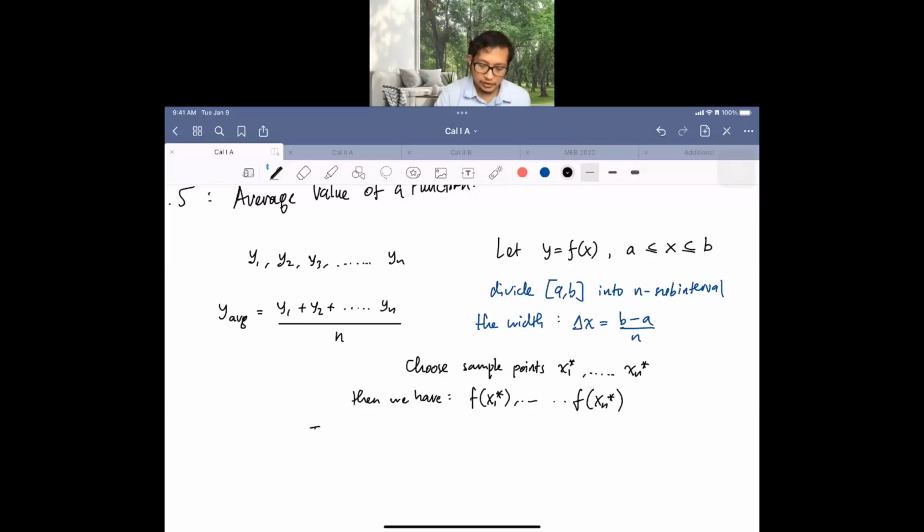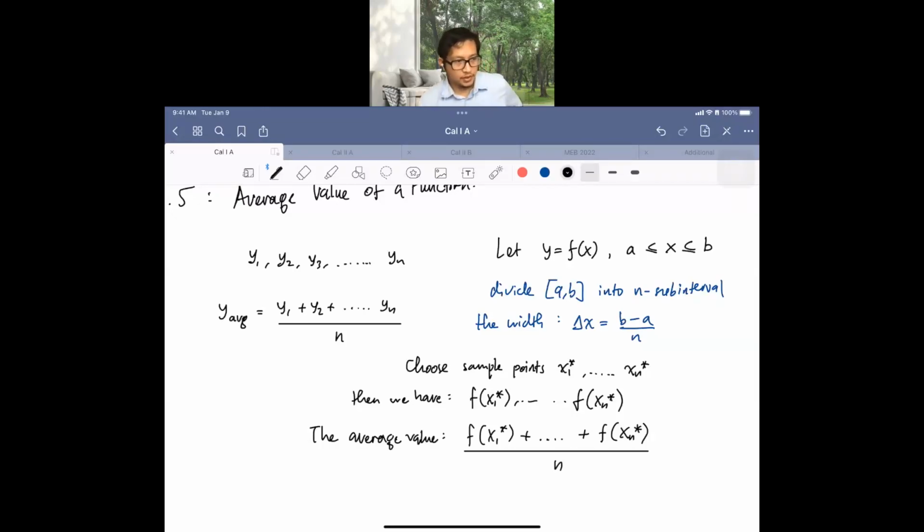So the average value will be f(x1) plus and so on until f(xn), divided by n. I hope this part is clear enough.